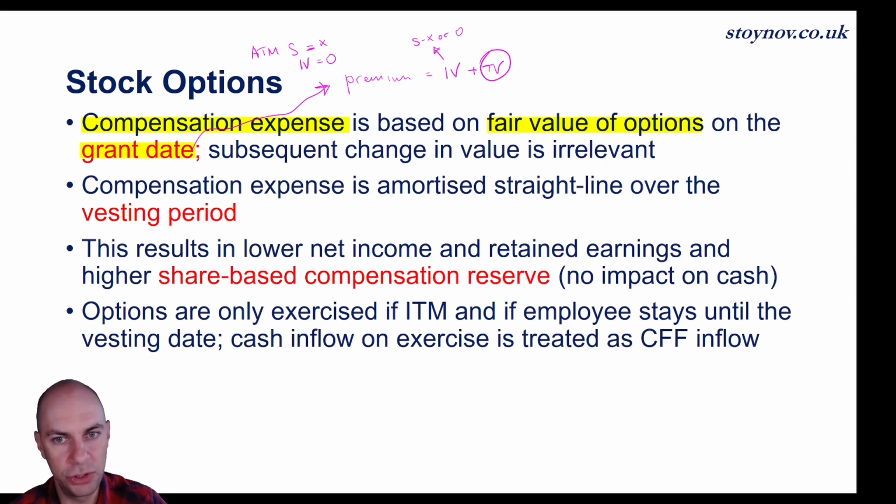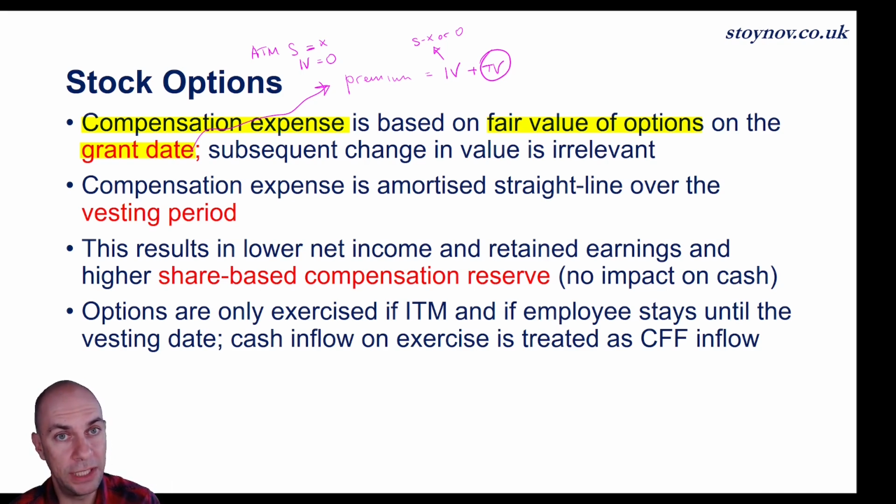So what I'm going to do is take some kind of option pricing model. I'm going to estimate the fair value of the option based on today's stock price. Why am I taking today's stock price? Because today is the grant date. The fair value has to be estimated on the grant date.